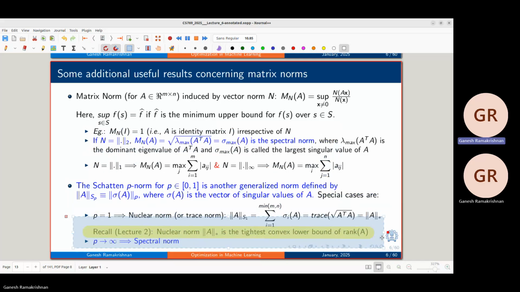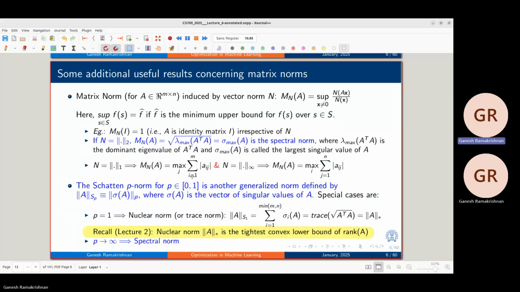It turns out that the nuclear norm is the Schatten norm for p equals 1. The sum of all the absolute values of singular values is the Schatten norm for p equals 1. By virtue of being a norm, it is a convex function. We are not giving proofs because intuitions are being provided.